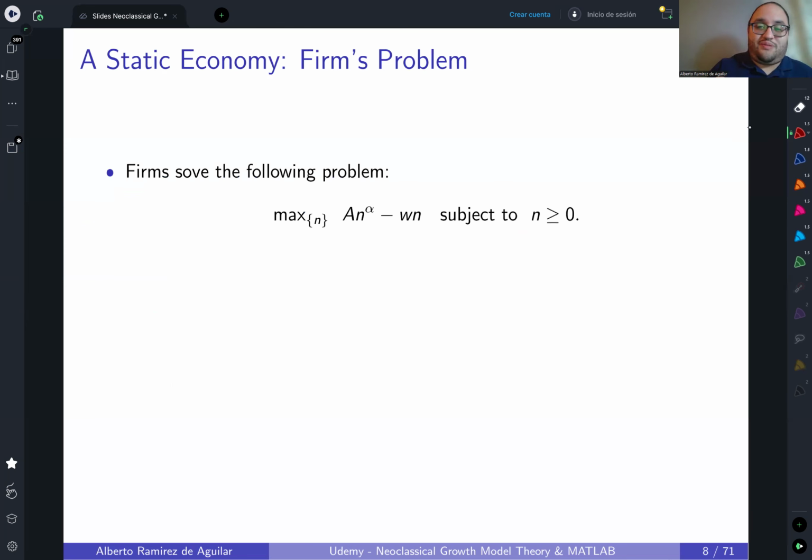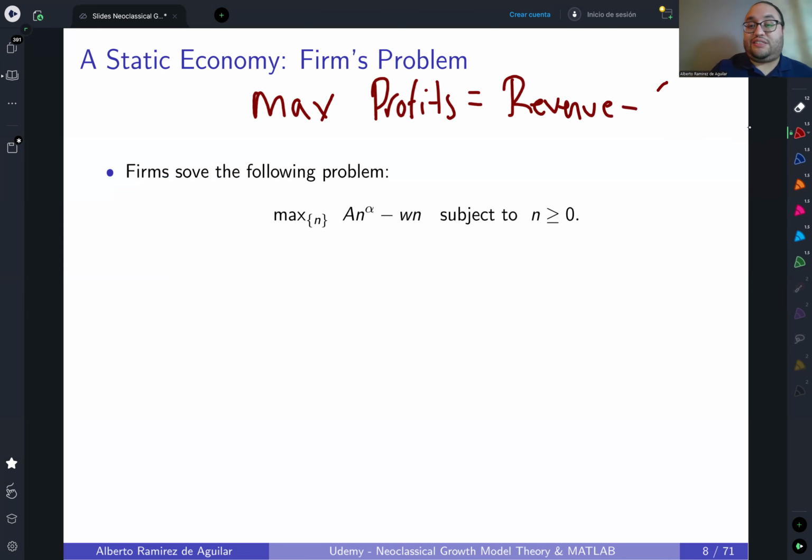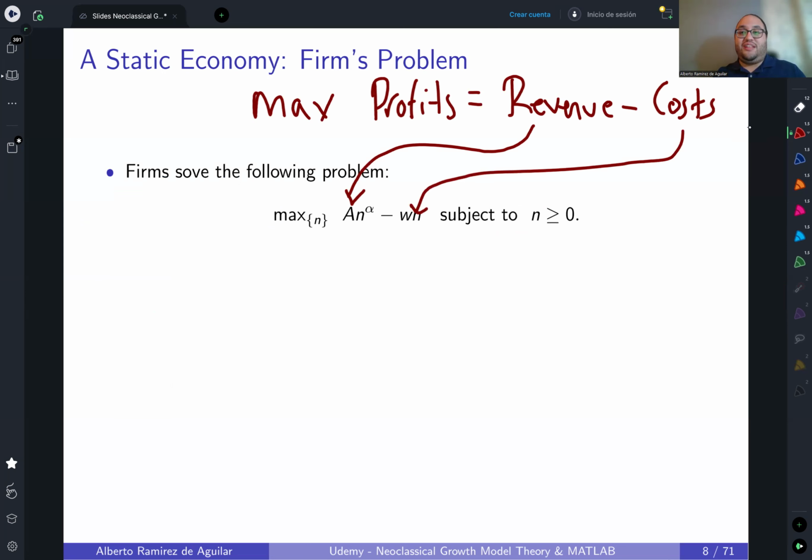So the firm solves the following problem. They want to maximize profits, which is revenue minus costs. As I already explained, revenue is given by this function, and costs are given by this function. So the difference between these are profits, okay?